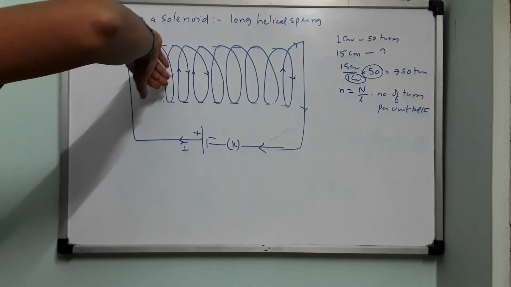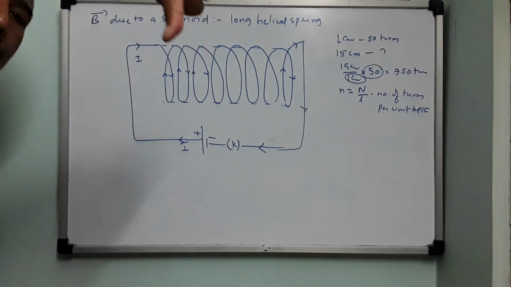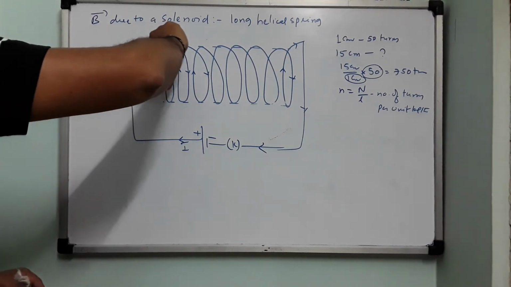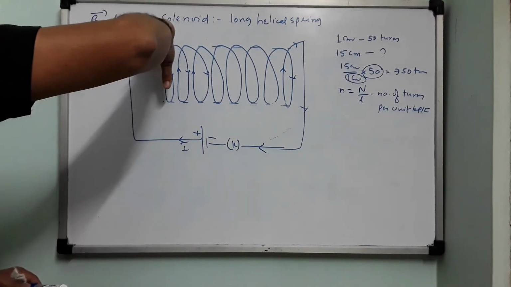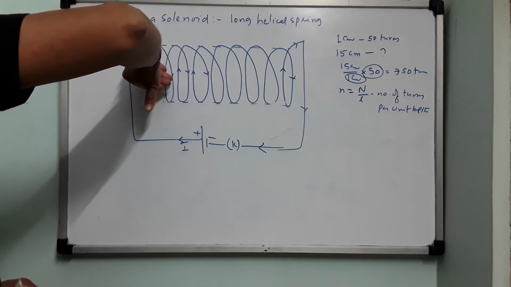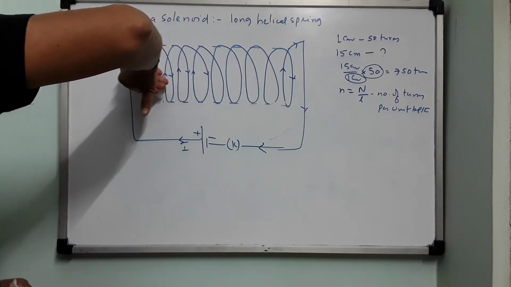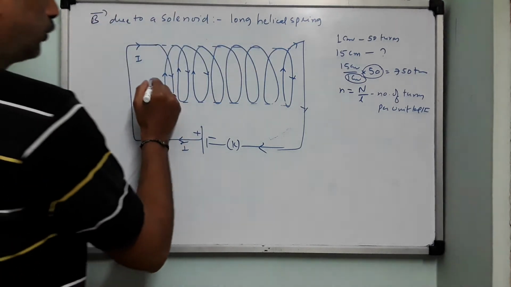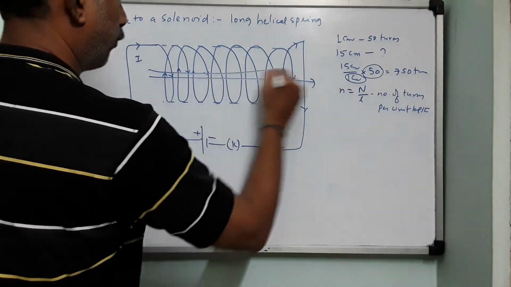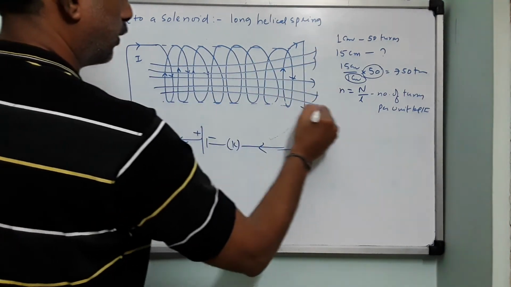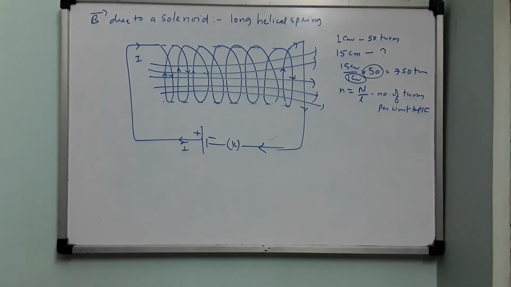So by the right hand thumb rule, hold the conductor which is towards you in your right hand so that the thumb shows the direction of current. Then the curling of the remaining fingers will show the direction of magnetic field. So this solenoid will produce a magnetic field like this. This is the direction of the magnetic field.